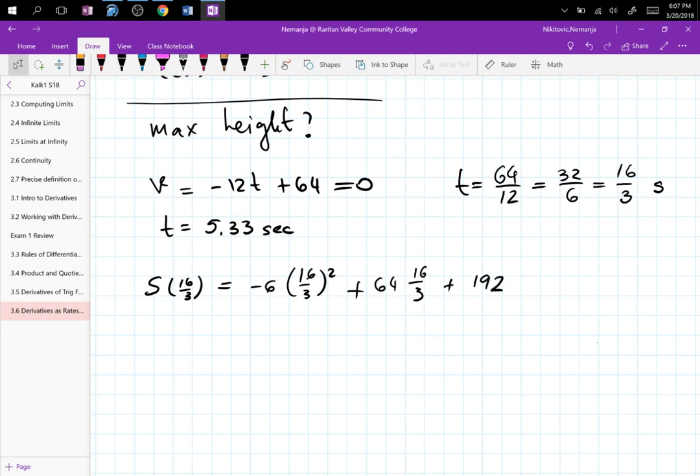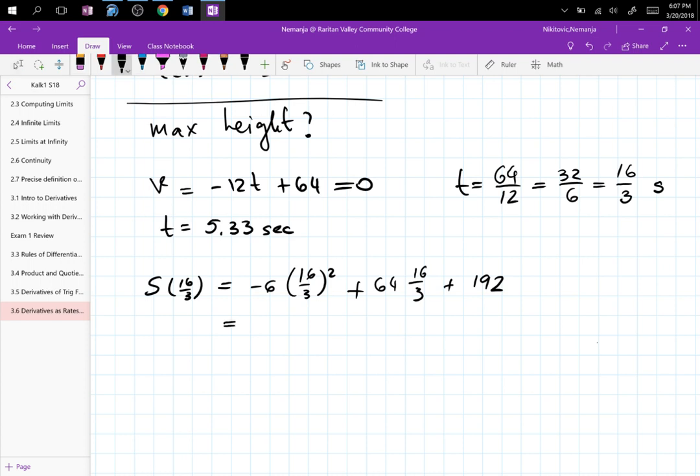And when you compute this, you are going to have the max height, because max height occurs at exactly 5 1/3 seconds, and then at that point the object will start going down.